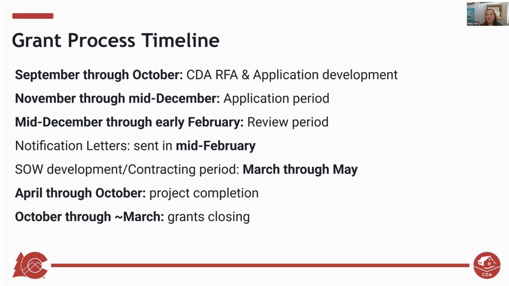So that's when we are looking at the objectives and the items that we really want to see for that coming grant cycle, and making sure that the RFA and application questions reflect those objectives. So after we get those finalized, we post them on our website in early November. So November through mid-December is the actual application period for our grants.